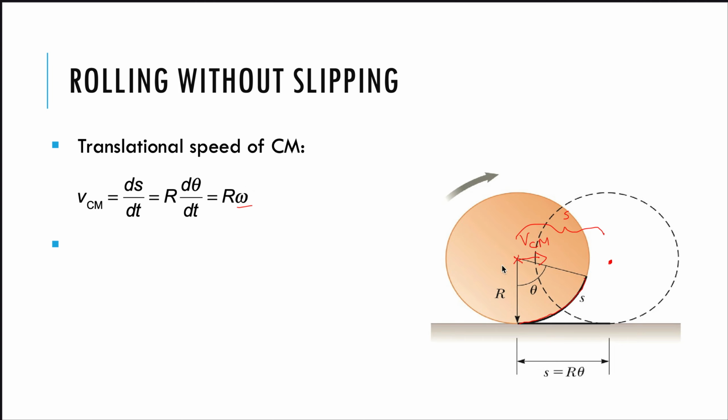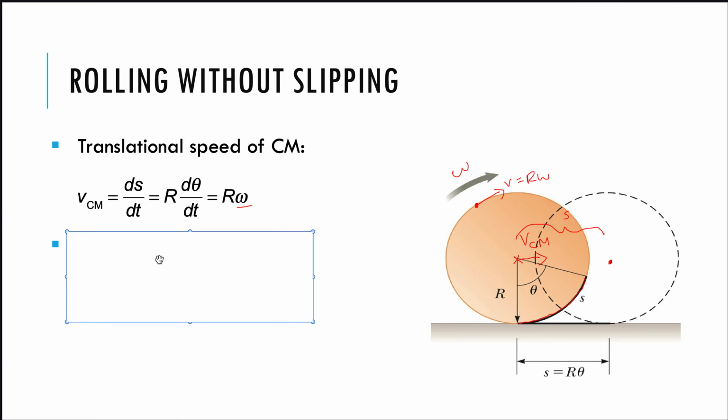When we were talking about rotating objects, we said this thing is rotating with an angular speed omega, and any point on the object has a linear speed v, which we said was r omega. Now we're saying that the velocity of the center of mass as it's rolling is the same r omega.